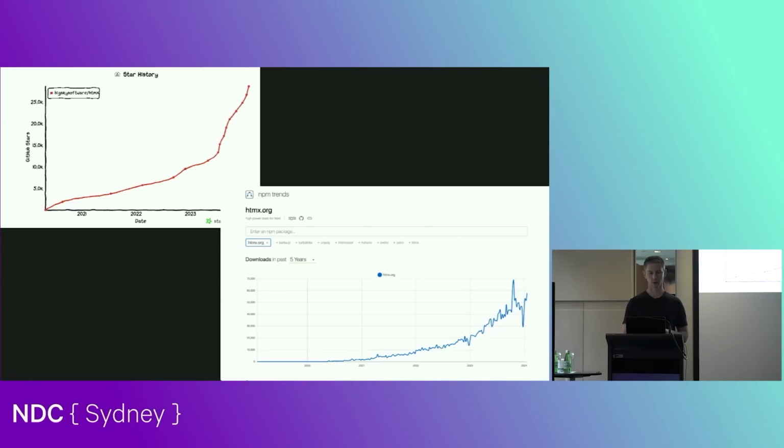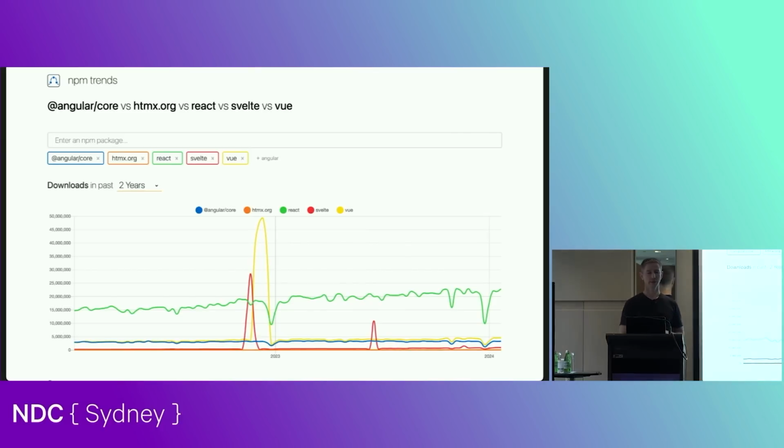And if you were to think, oh, wow, that's massive, this thing's taking off, and I think it is, if you actually compare it to the big 4, like React, 20 million, this is NPM downloads a month, Angular and Vue, which are just baselining there in the blue and yellow at 5 million-ish downloads a month. And then Svelte's at 1 million. And then go further down and you're at HTMX.